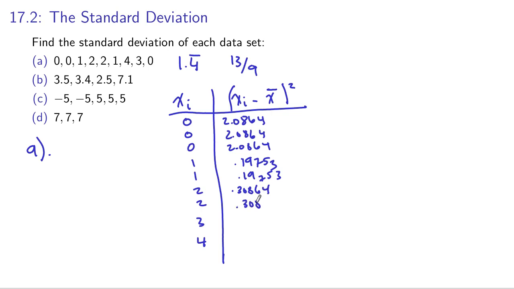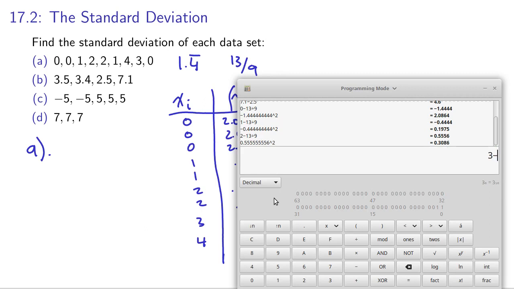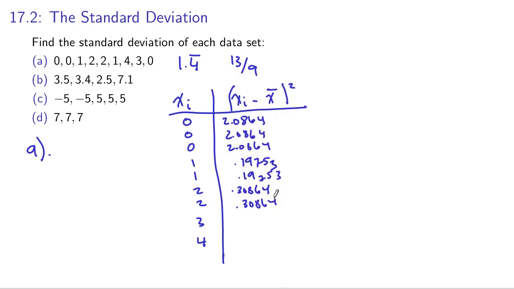There's 2 of those. And then we have a 3. So 3 minus 13/9 squared is 2.419.